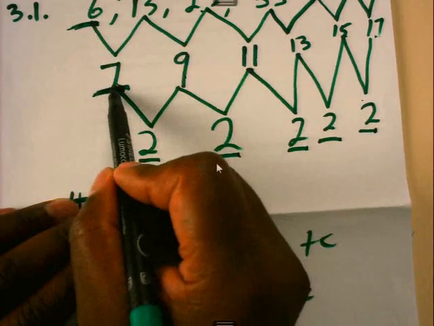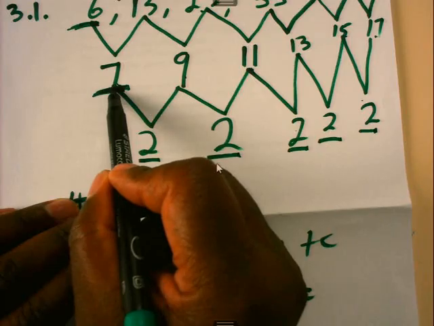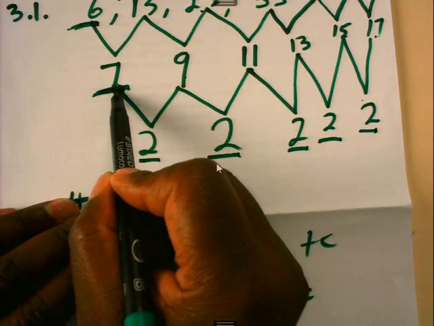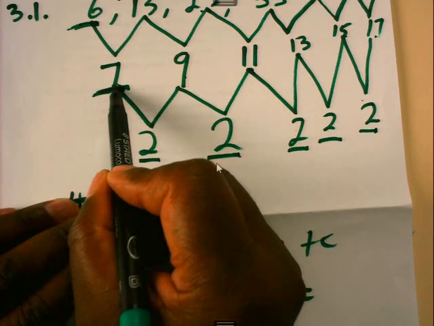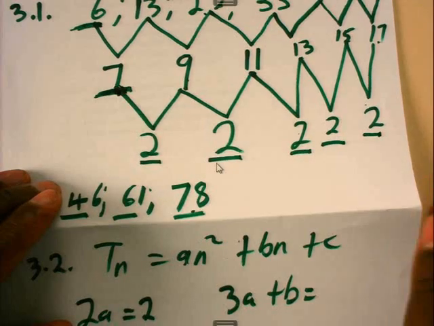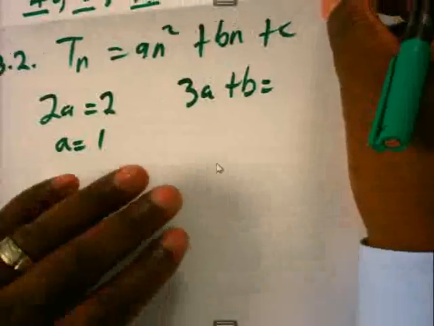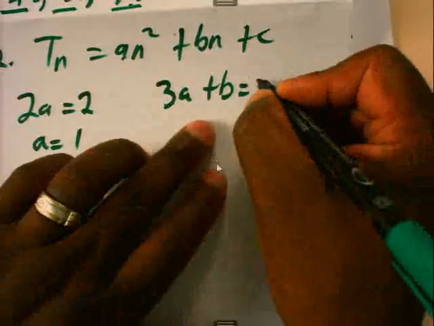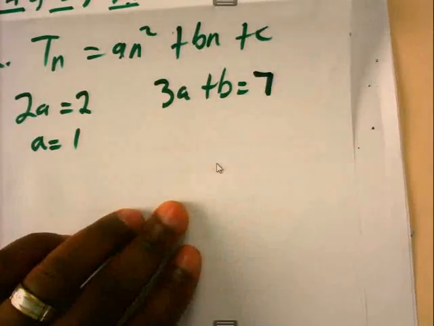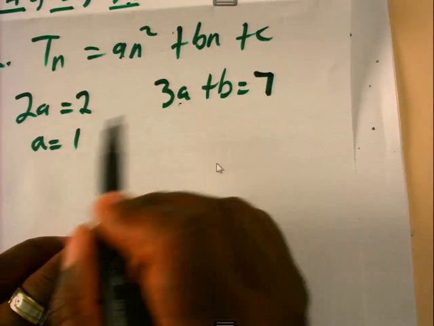So to determine the value of b, we say 3a plus b is equal to the first term of the first difference, meaning that 3a plus b will be equal to 7. Now let's work it out. But remember, we already determined the value of a. Our a is 1 here.